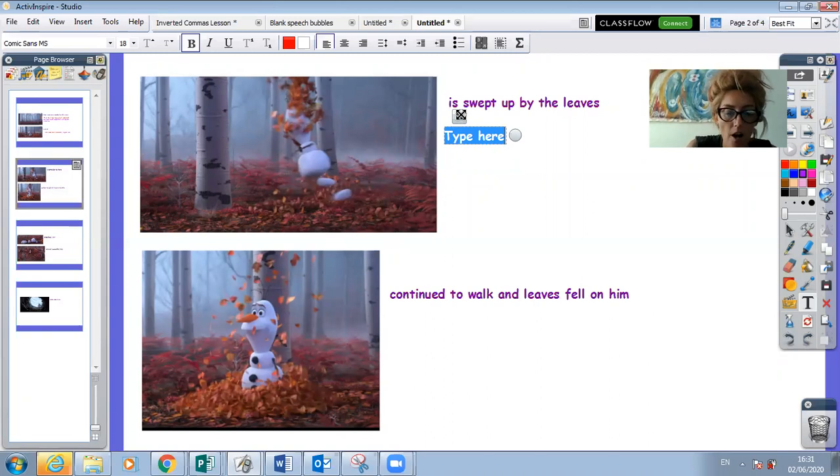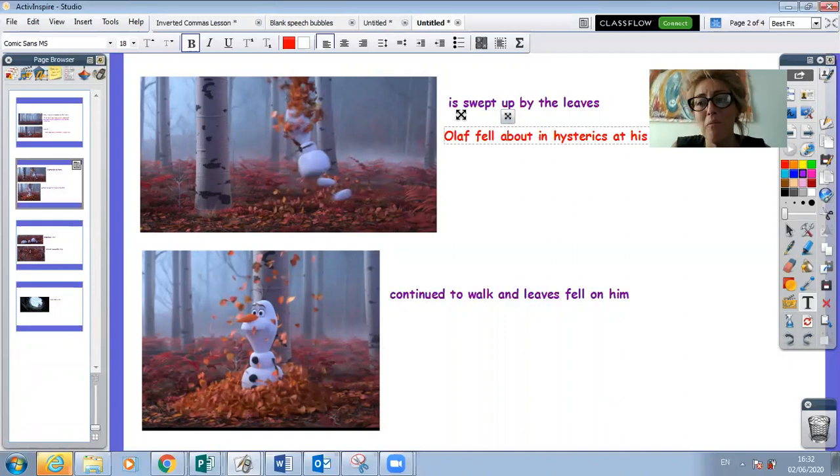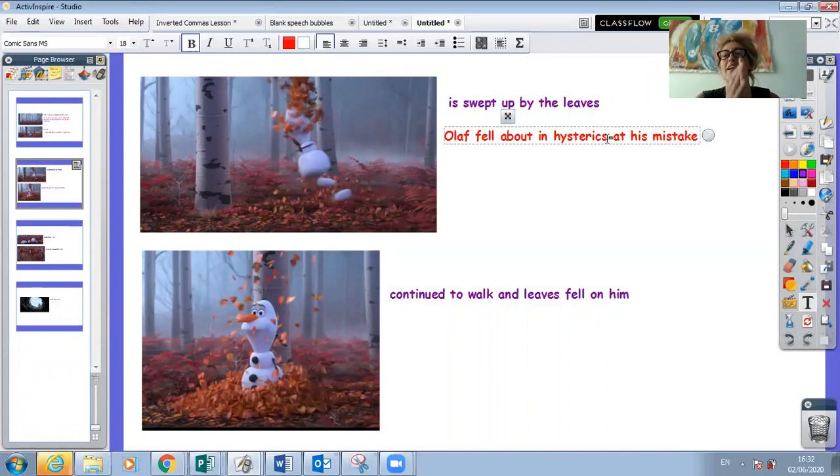So Olaf fell about in hysterics at his mistake, because he doesn't know anyone called Samantha, so that was a mistake, wasn't it? Hysterics is when you're laughing so much you can't stop. So Olaf fell about in hysterics at his mistake.